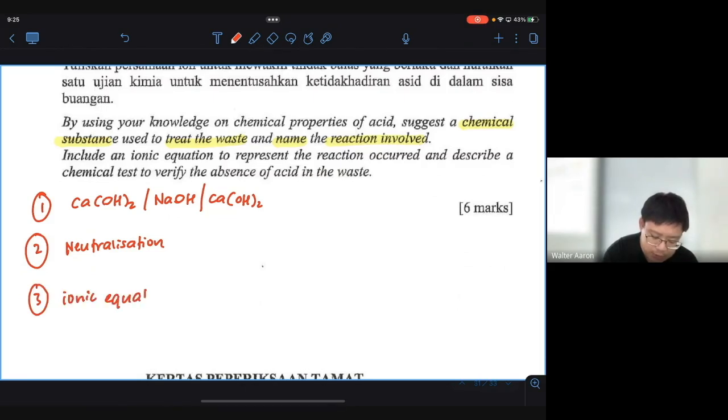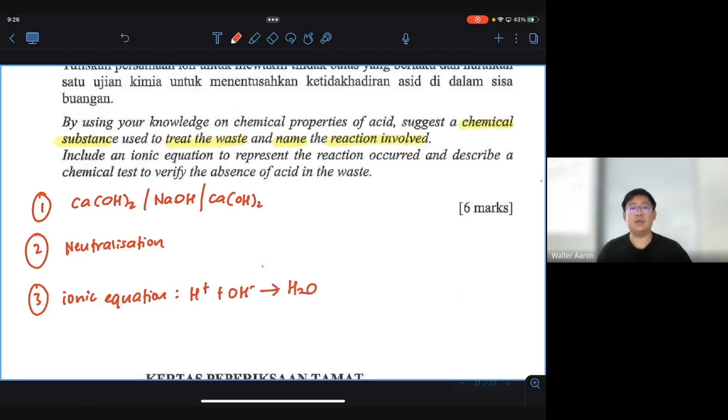Regardless of anything that you use, the ionic equation for neutralization is always the same: H⁺ + OH⁻ gives H2O. As long as you see the word neutralization and they ask you for an ionic equation, it's this. Done, 3 marks down already.